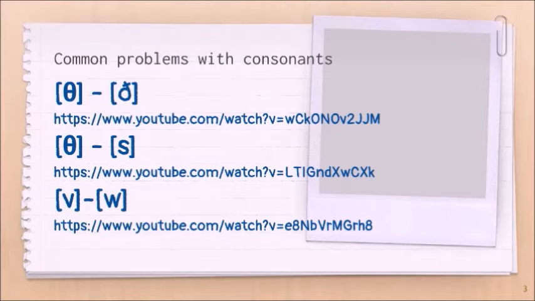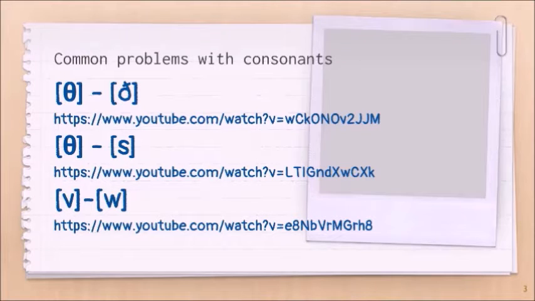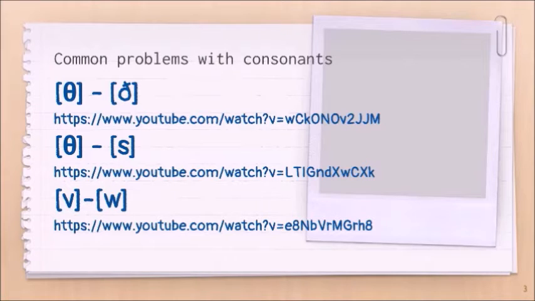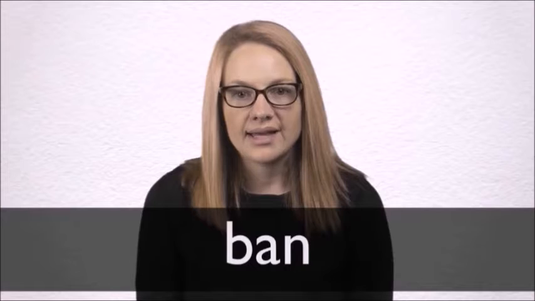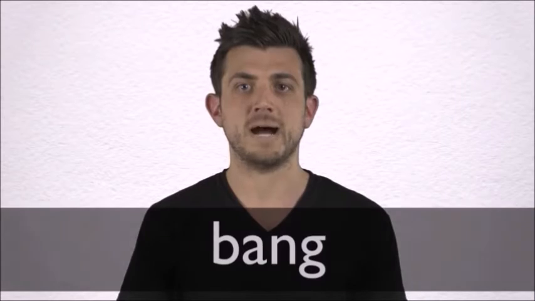Common problems with consonants usually are the following. Th, like thing. Th, like this. T, like tall. R, like right. N, like ban, and ng, like bang.